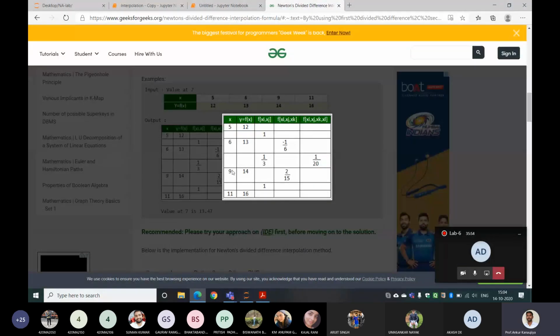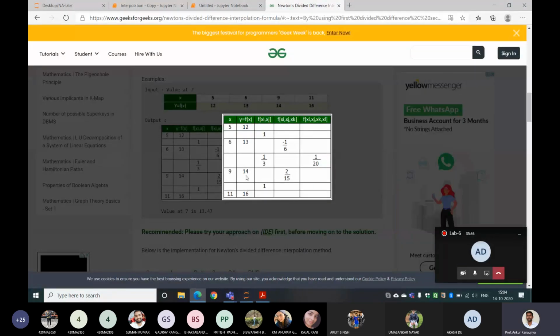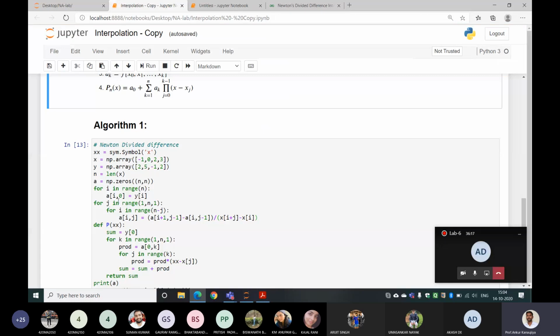So this first column, we are already given the y values. So how many columns are left in the table? This is the zeroth column, 3. Suppose the total is n, then this is the zeroth column.